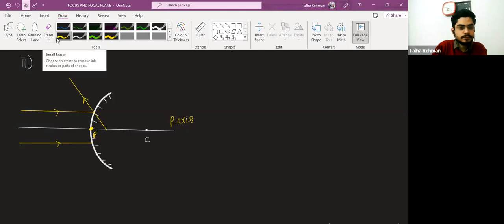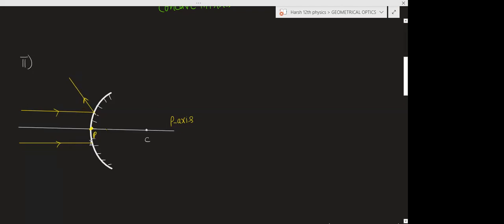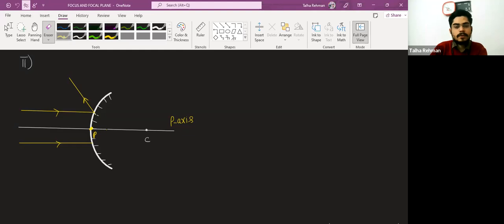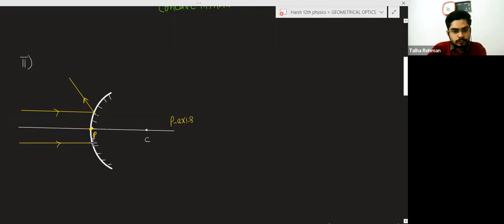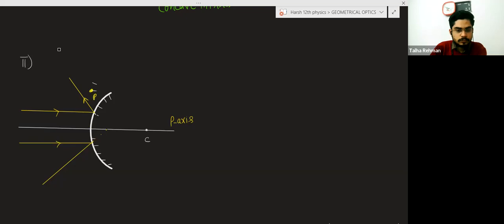So this ray of light after reflection goes in this direction, this is the reflected ray, and now this is also a parallel ray. This is the reflected ray again.